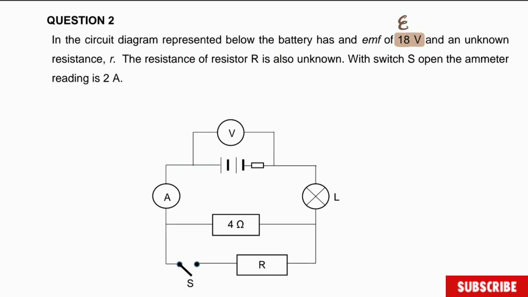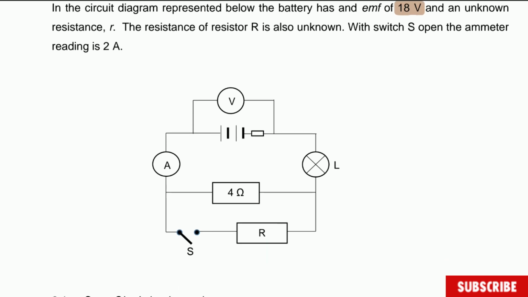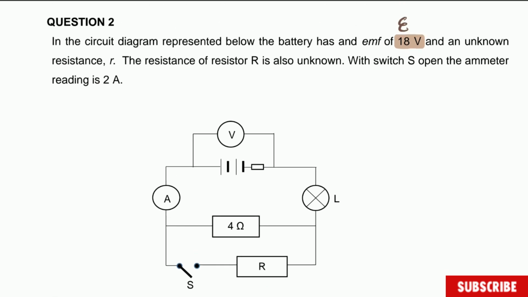With switch S open, the ammeter reading is 2 amperes. So they're giving us the current, which is 2 amperes. If we write here, this current is equal to 2 amperes if this switch is open, as you can see there. In that case, we only have one resistor which is in series with the light bulb.